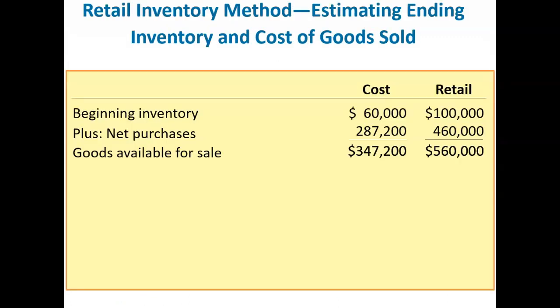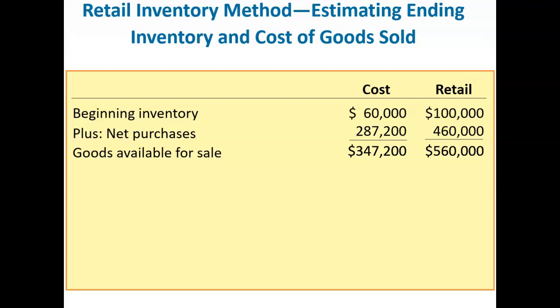This example is the same illustration as shown on page 469 of your textbook, illustration 9-5. You might want to open your book so you can see the facts of the example as we work through the illustration. Home improvement stores uses a periodic inventory system and the retail inventory method to estimate ending inventory and cost of goods sold.